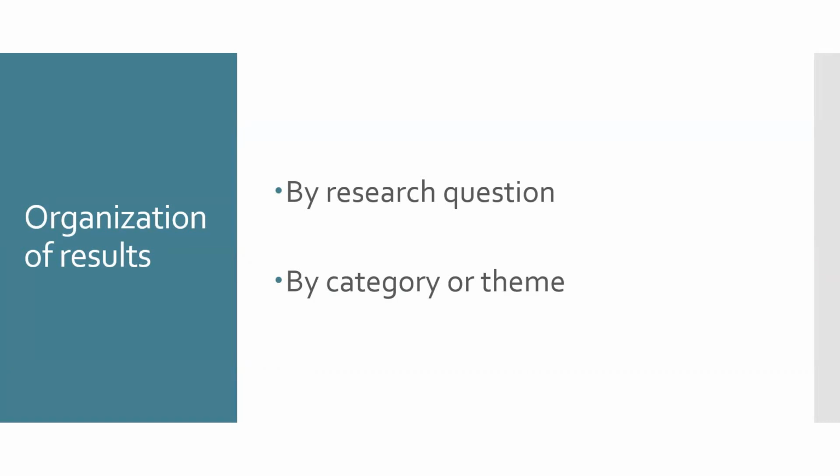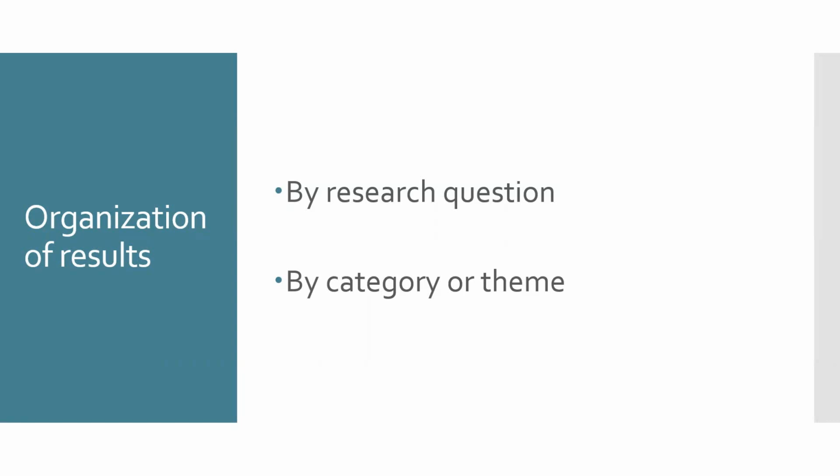So you may present your results based on the research question. Say you have 3 research questions, and so you organize your chapter to address each research question. That might make the most sense for you and your study, or it might be how your school tells you they want to see it. But it might also be the case that it makes more sense to present your results by category or by theme.